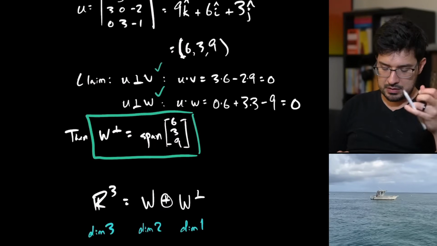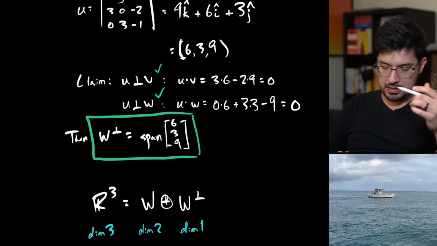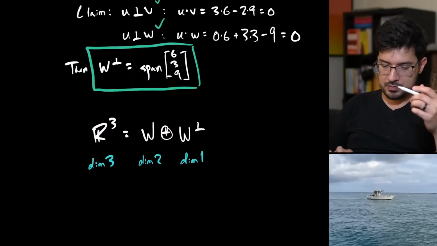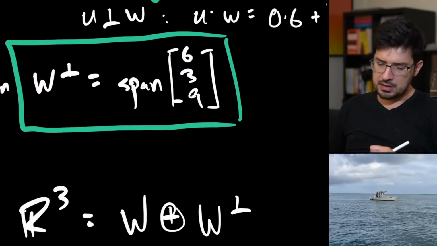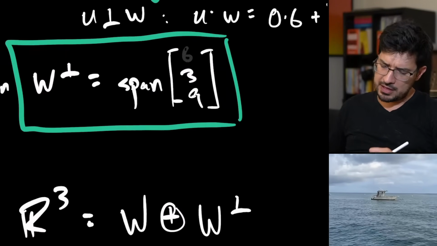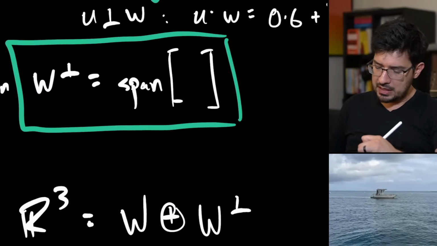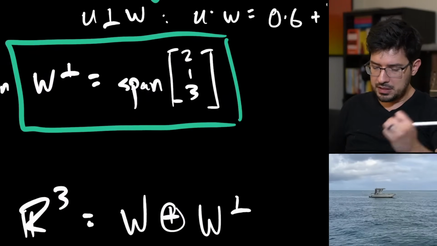Wait, 6, 3, 9. Well, one thing, because I like to clean up these sorts of things, you can factor out a 3, so the span of 6, 3, 9 is the same as the span of 2, 1, 3.